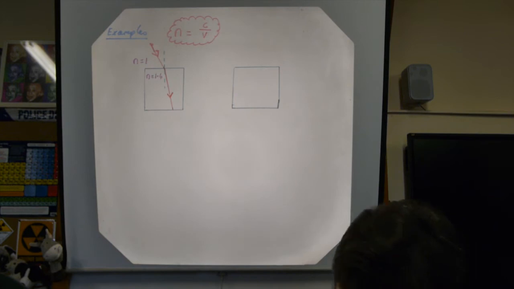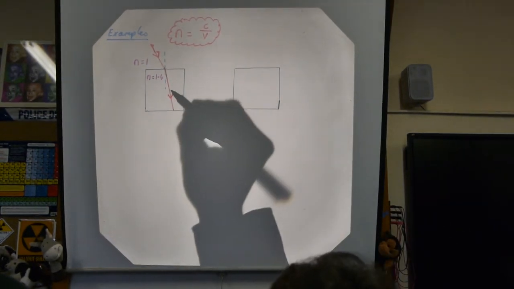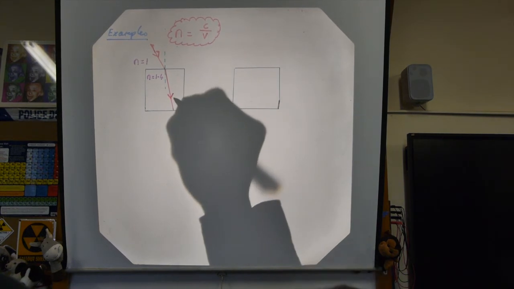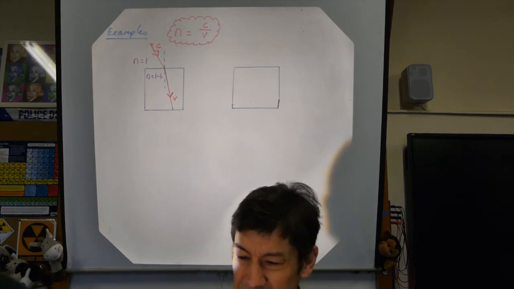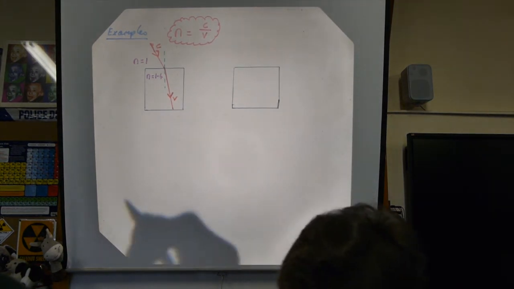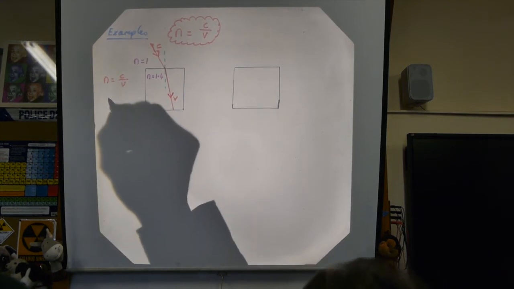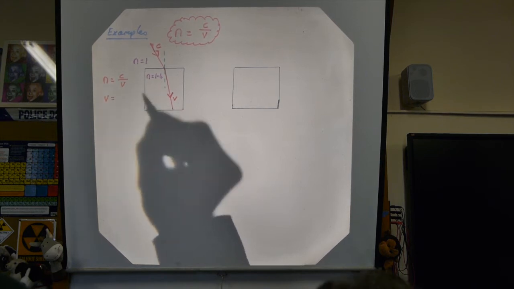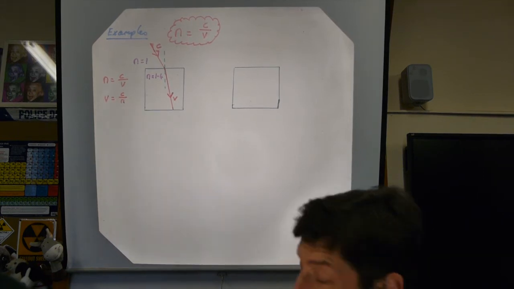So to work out what the speed of the light will be here, we're saying it's coming in at c, because it's basically air, a vacuum. Then n equals c over v, and therefore v, the speed of the light through this material, is c over n. It's at this stage that I really want you to think about it.